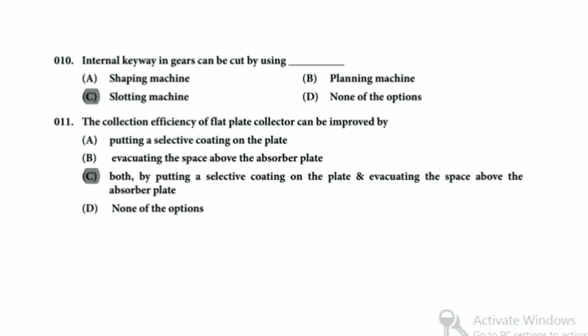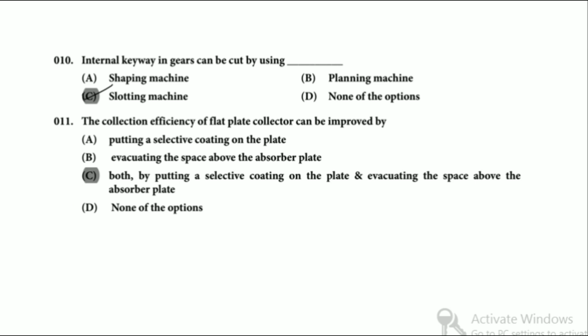If you want to work on the surface, you can use a shaping machine and planing machine. And a slotting machine can be used to cut a slot on an inside surface, or outside surface. So internal keyways in gears can be cut by using the slotting machine. So the answer should be C.